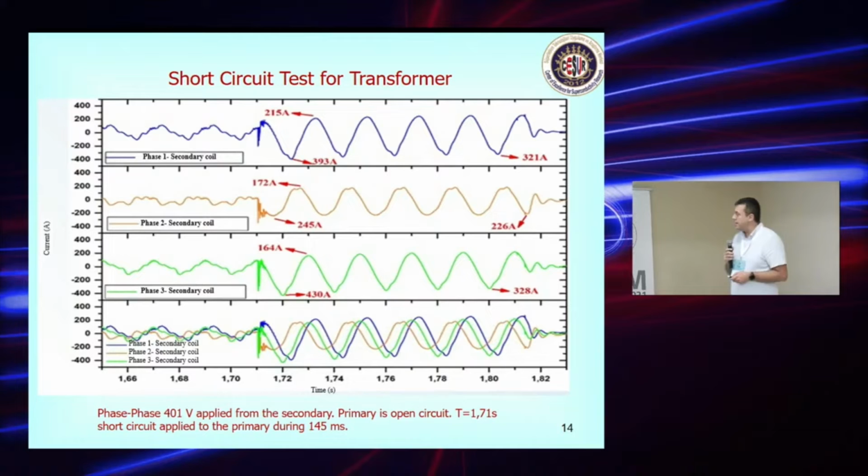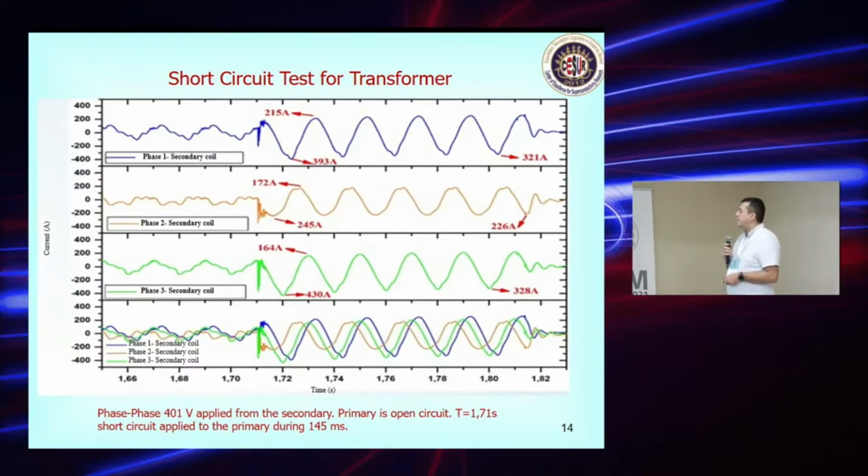And as you see, this is the real test in the laboratory in the center, and we can see here the limited current. We applied a low voltage, about 401 volt, from the secondary side, and the primary was open.